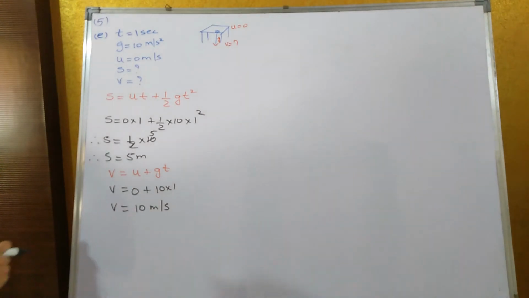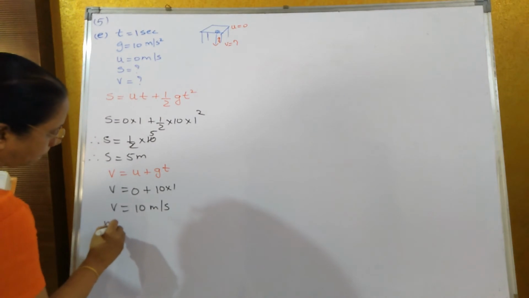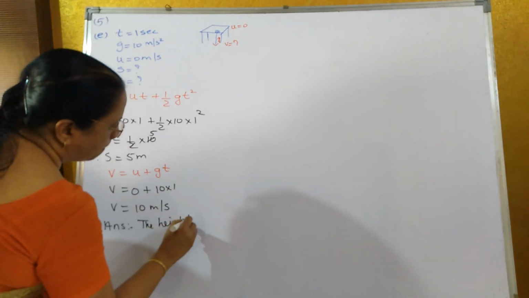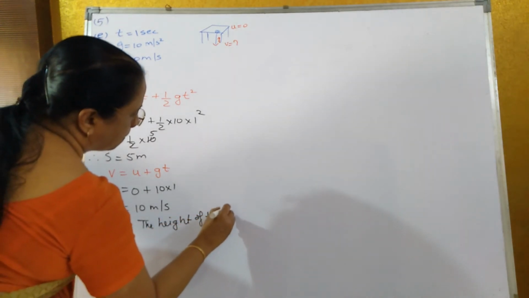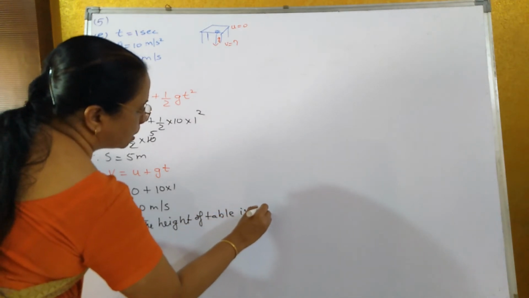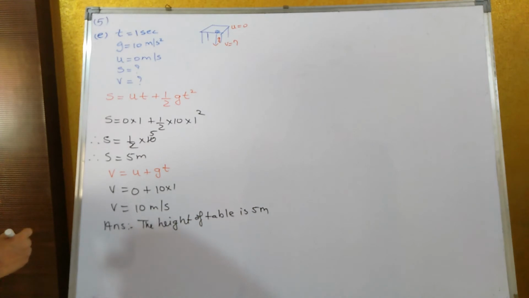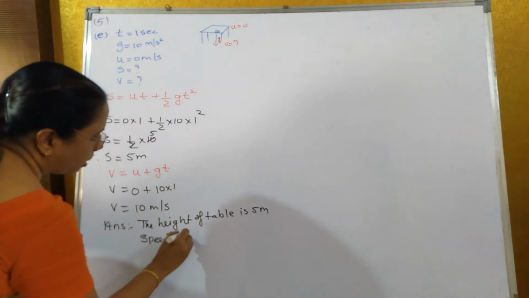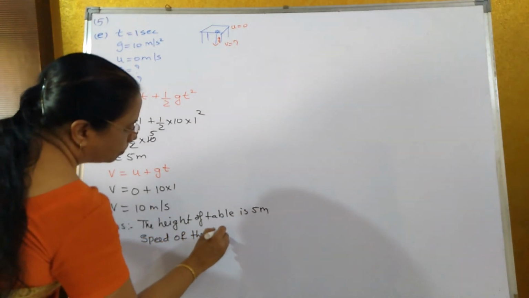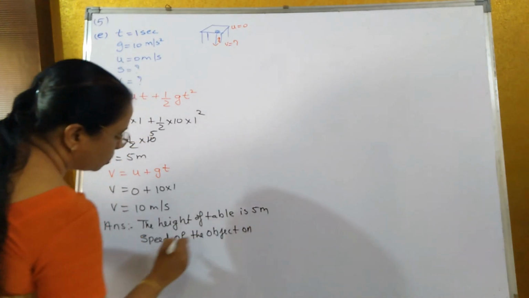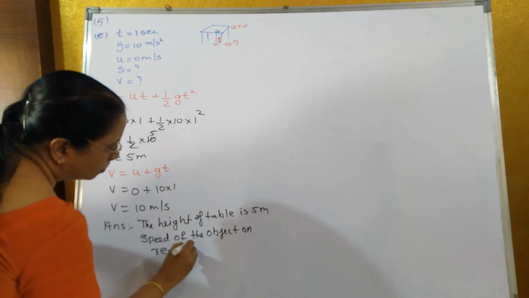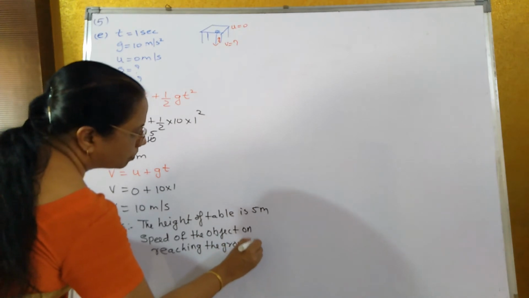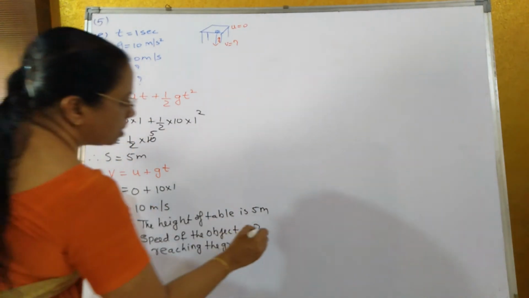So the height of the table is 5 meter, and the speed of the object on reaching the ground is equal to 10 meter per second.